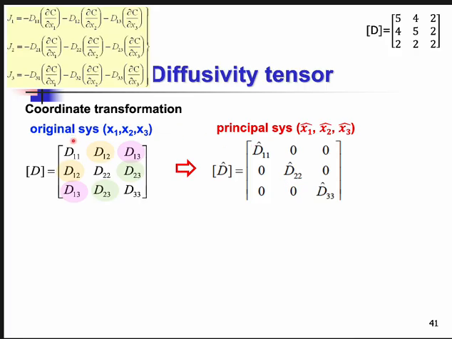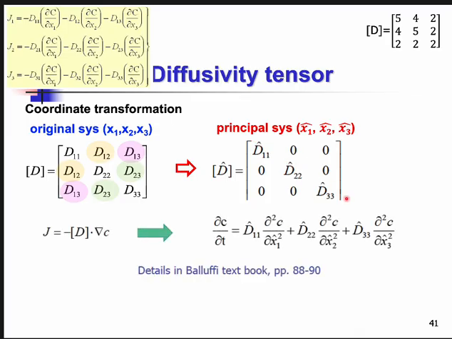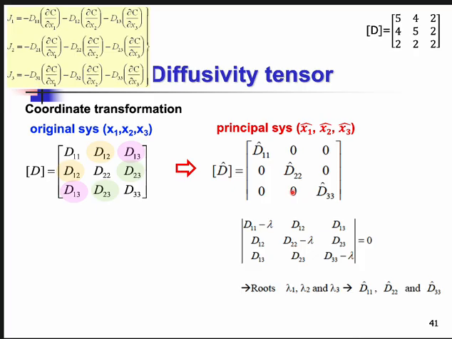by converting the axes from the original system x1, x2, and x3 to principal axes. Which means you just convert the three axes into the principal system. As long as you can successfully convert to here, you can easily write down their diffusion equations. But some people will ask how to do this conversion. By solving the eigenvalues of this diffusivity tensor.